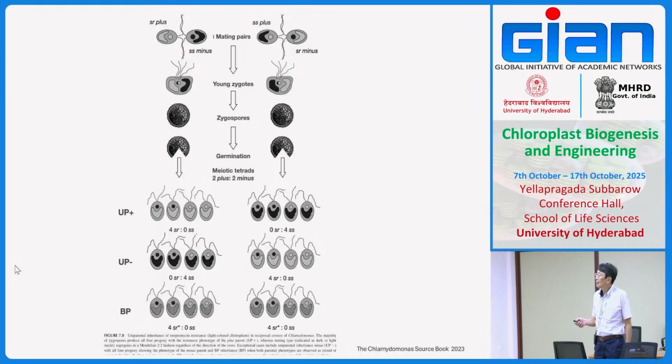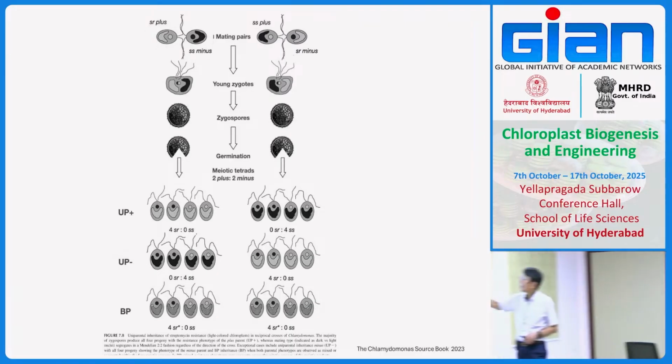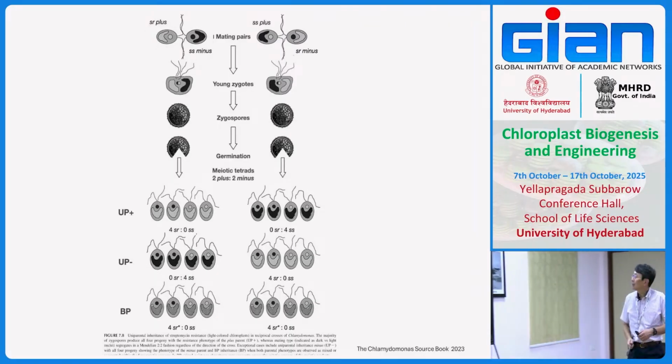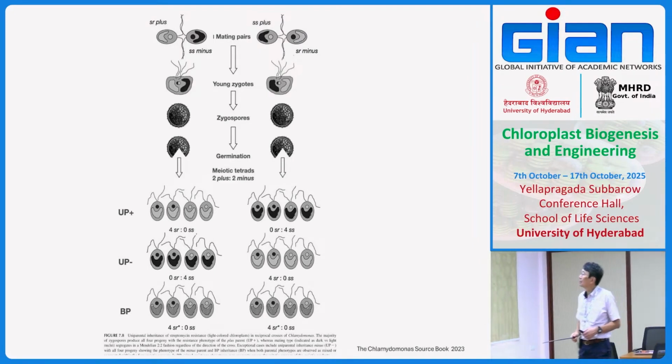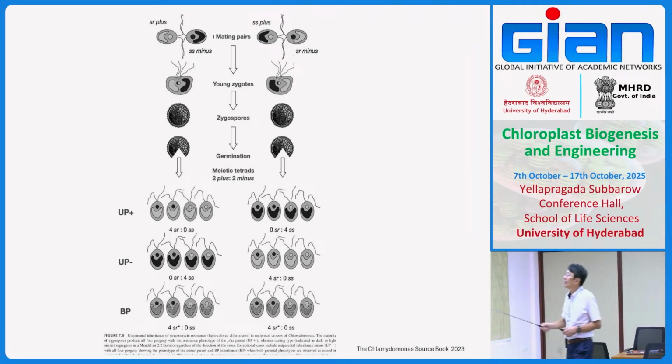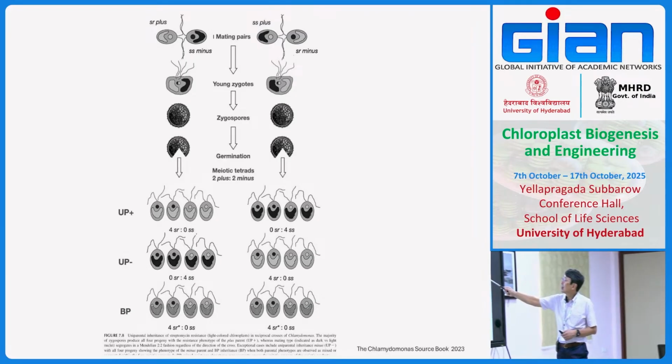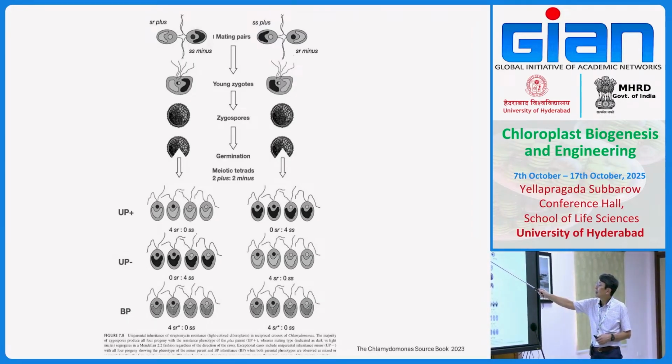For example, this is the example I talked about. In a genetic cross of mating type plus and minus, this is the chloroplast. Gray is antibiotic resistant, and this is sensitive.